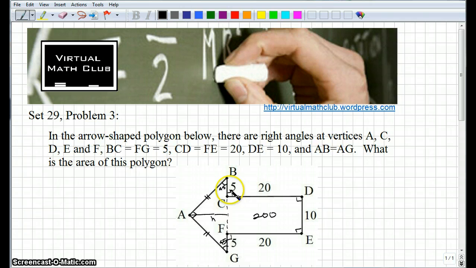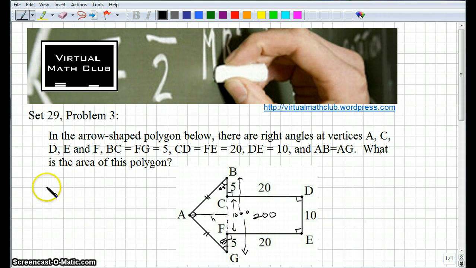So we know that this whole side is 10, from here to here, because it's a rectangle, it's got to be the same as this. And then we know that this whole base, if we measure it from B to G, is 20.